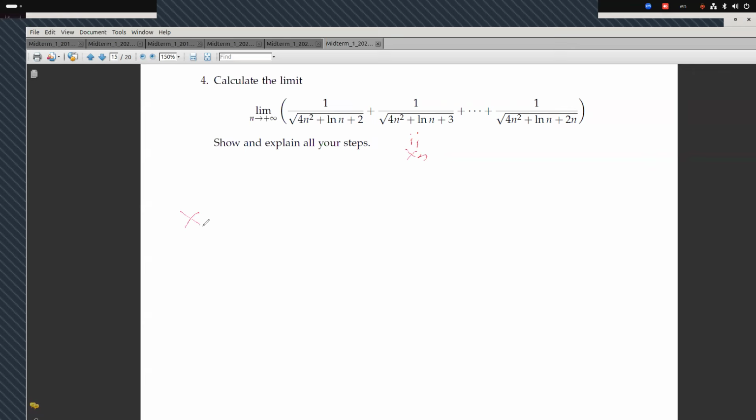What is estimation from above? We have to choose the largest term, which is the term with the smallest denominator, the first one. And as we already said, we have 2n minus 1 terms. We'll get (2n minus 1) divided by the root of 4n squared plus log n plus 2.